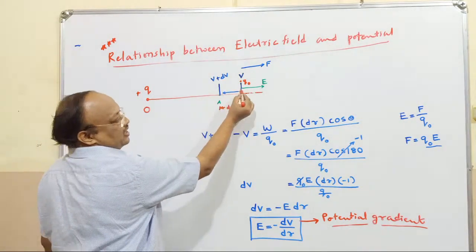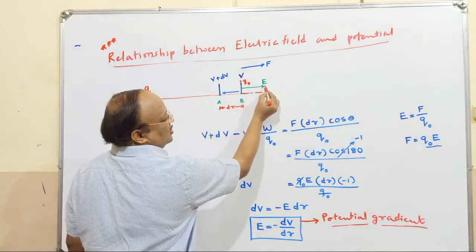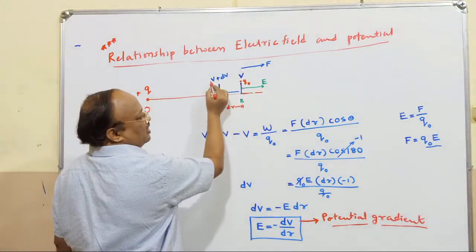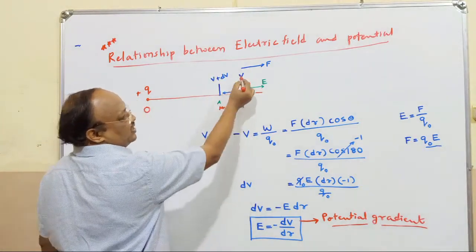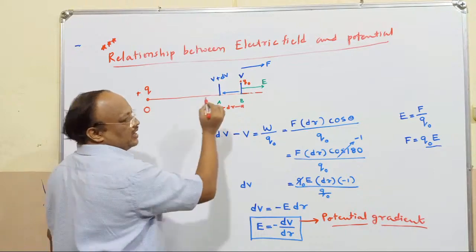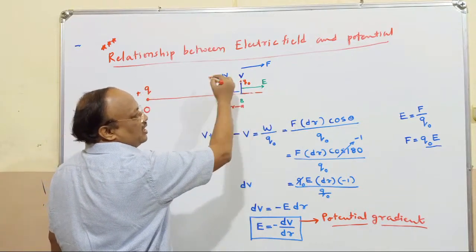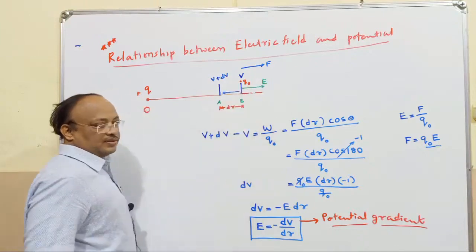You can see here itself. This is our electric field. Here it is V plus dV, whereas here it is V. In the direction of the electric field, the potential decreases.